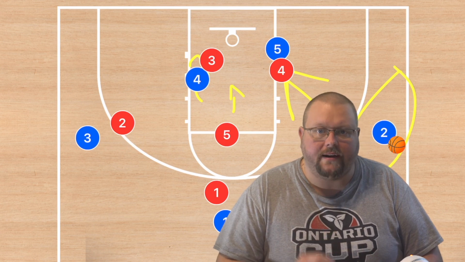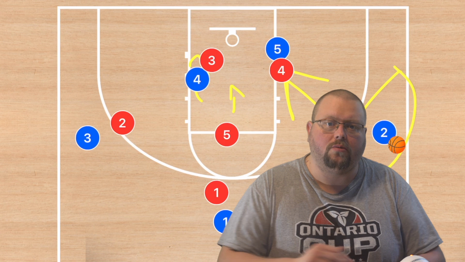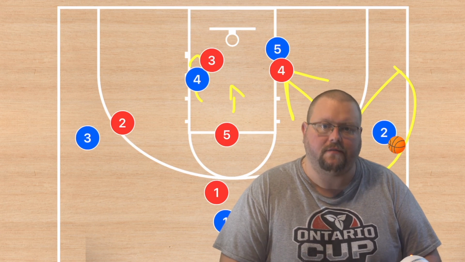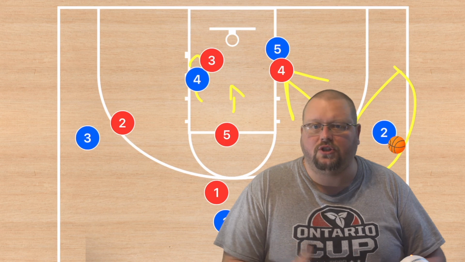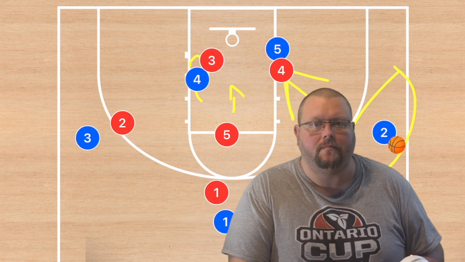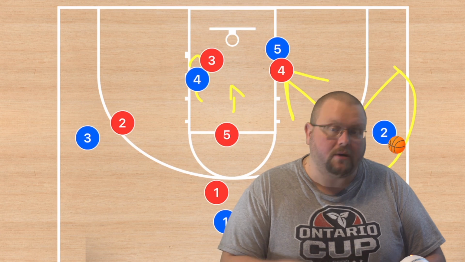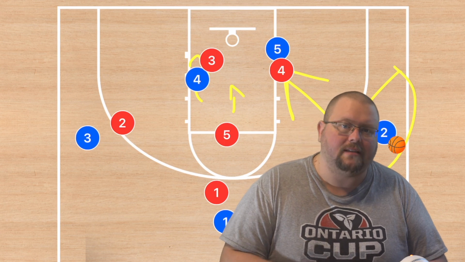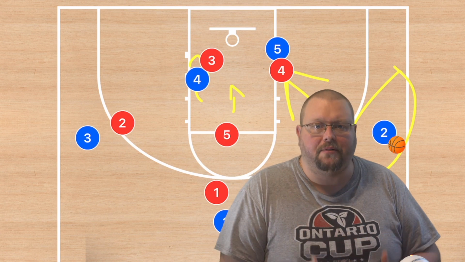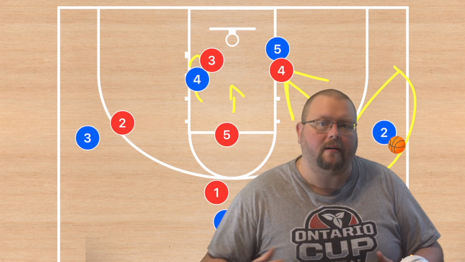I very, very rarely teach only low post skills to players or high post skills to players. Very rarely. And if I do it, it's to help them out on the perimeter to be able to get to the rim better. So personally, this is not an offense that I like because we want to teach a complete total game to every player.